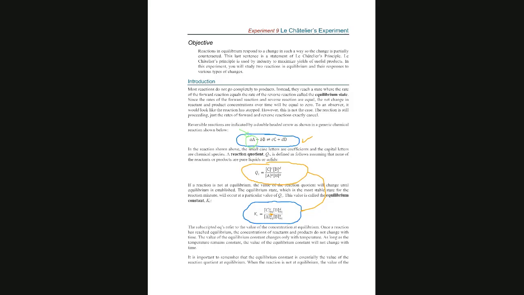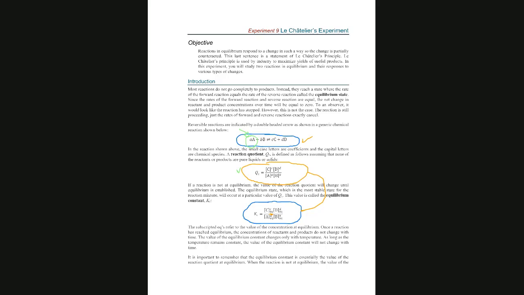When I calculate the Q, look at the expression here of the Q. Where is A? Because I added A, I will have a bigger number. The concentration of A initially is higher.